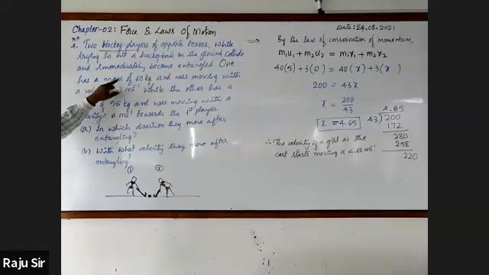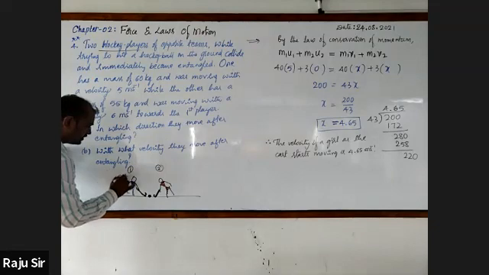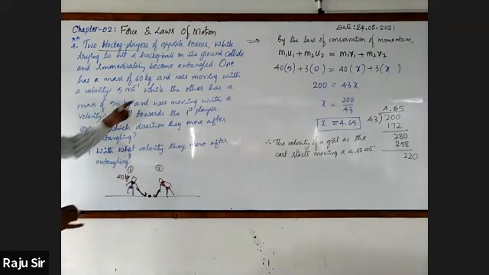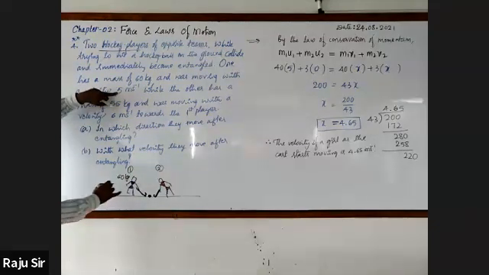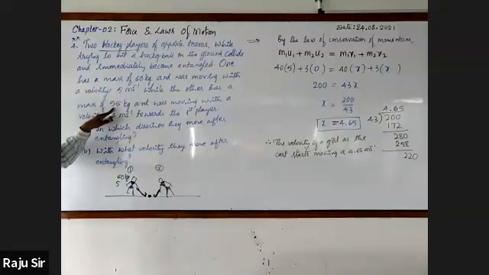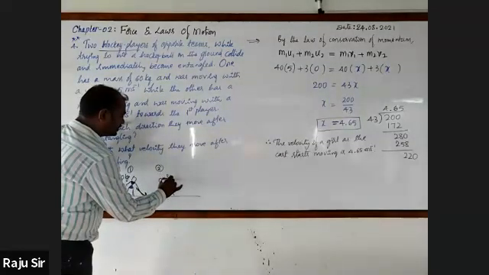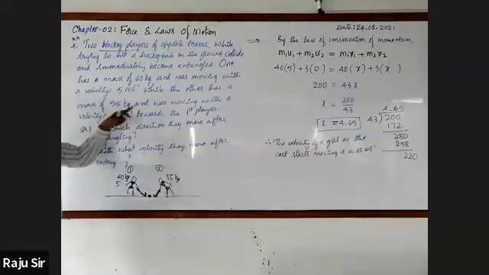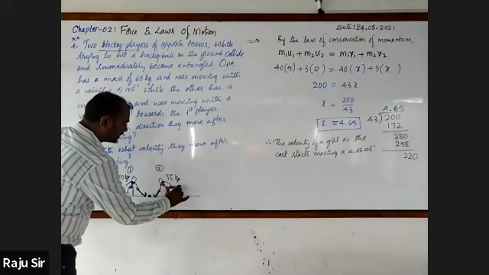One has a mass 60 kg, let us take the mass of first player as 60 kg, and was moving with a velocity 5 meters per second. And the other has 55 kg and was moving with a velocity 6 meters per second.